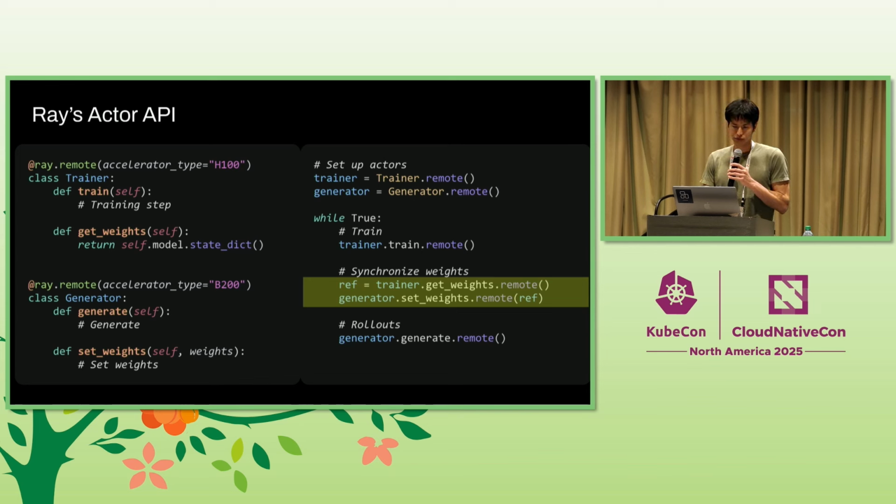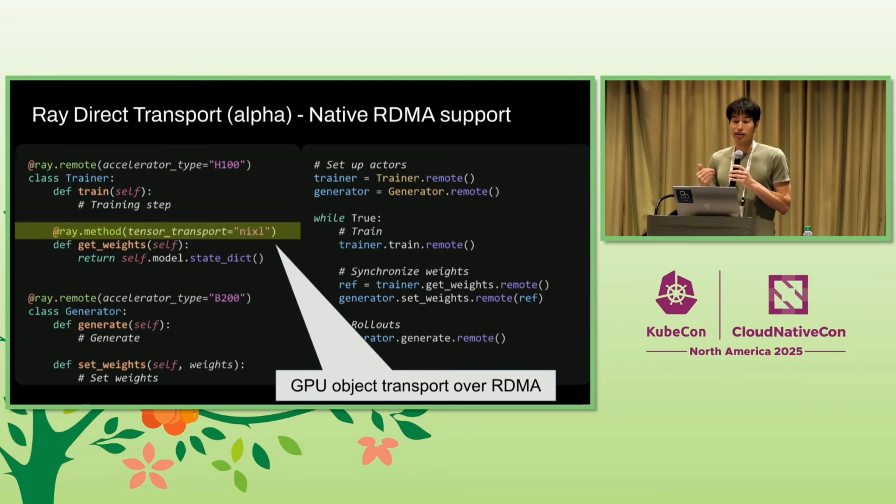And so Ray recently added native RDMA support, and you can use it by annotating the methods, something like this. Basically, you can specify the different transport backend. It's designed to be a pluggable backend, so you can use collective-based backends like NCCL and so forth, or you can use RDMA-based backends like NIXL, and we're planning to add more backends, and this is a big collaborative open source effort.